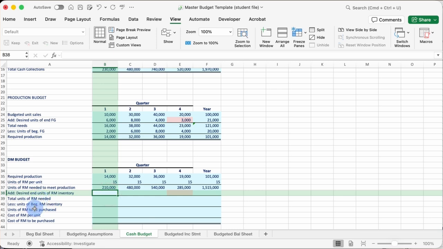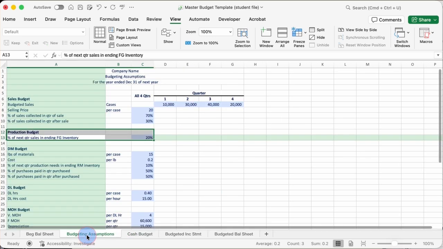However, we want to make sure that we don't use up all of our raw materials, and we're going to keep some of that on hand. And so if we go back to our assumptions, we have here that we want to have 10% of the next quarter's production needs sitting in our ending raw materials inventory.